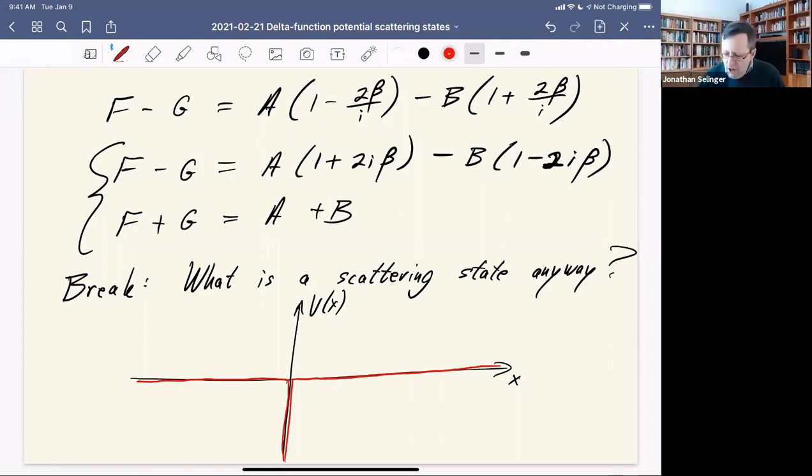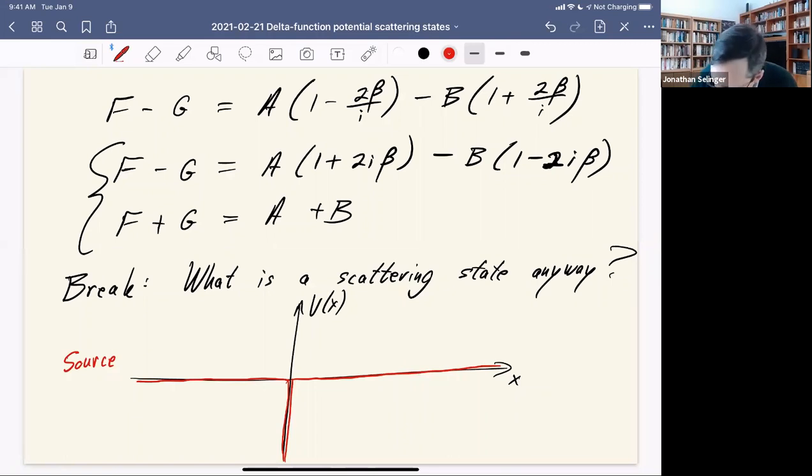Okay, so let's suppose we're going to do a scattering experiment to study that. That means that we have some kind of source over here, and that is sending waves towards the potential, okay?